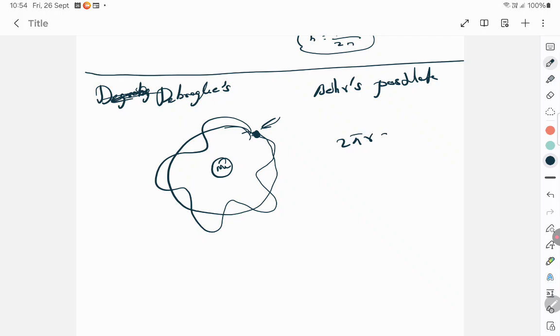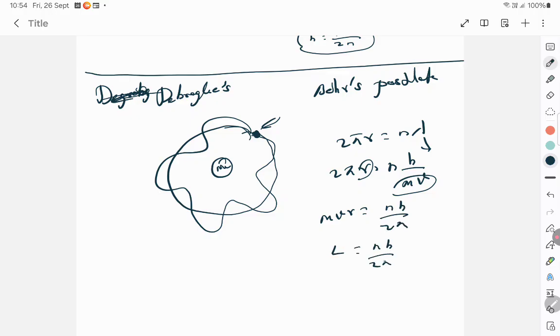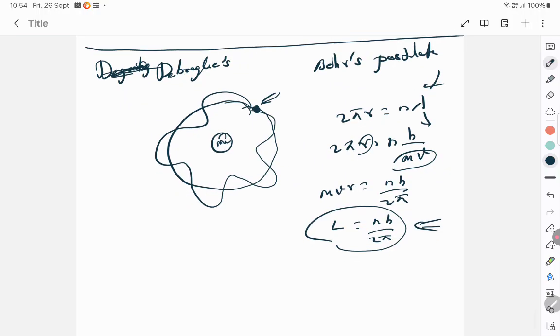So 2 pi r will have n lambda, it may have n number of waves. Then you write 2 pi r equals n lambda, and lambda is h by mv according to de Broglie. Take the mv r to one side and nh by 2 pi to the other side. This is angular momentum, which is nh by 2 pi. Thus, we arrived at Bohr's postulate from de Broglie's. Very, very important.